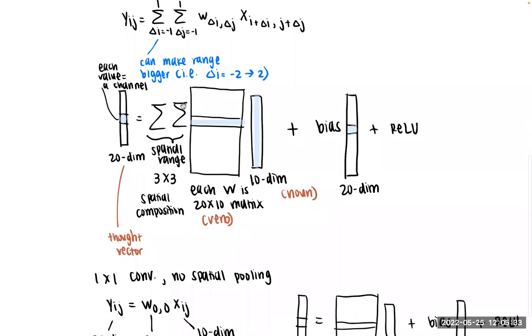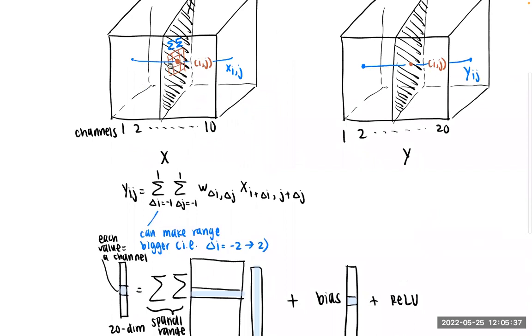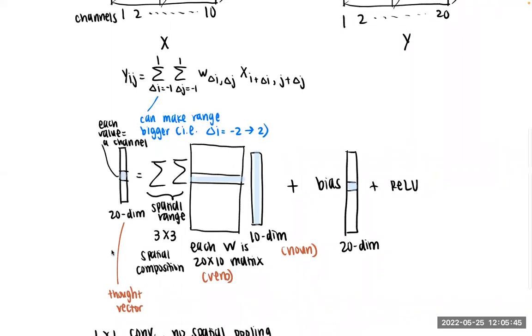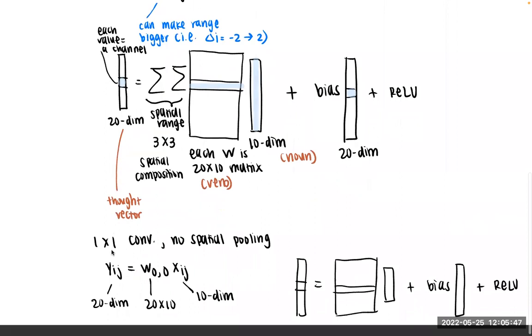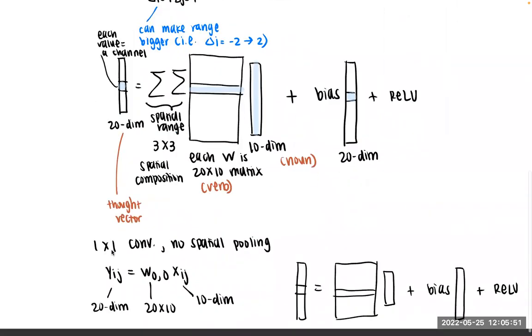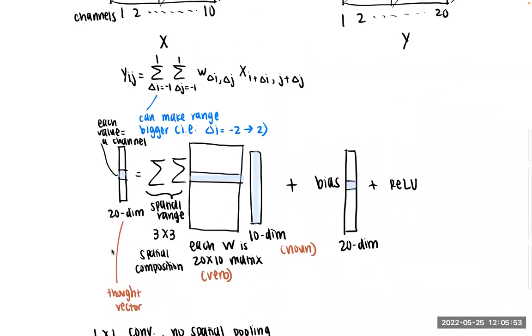So this is composition, spatial composition. You're composing all the vectors in this window to form a bigger vector or a more complex thought. Okay, so that's this vector perspective for convolutional neural networks.